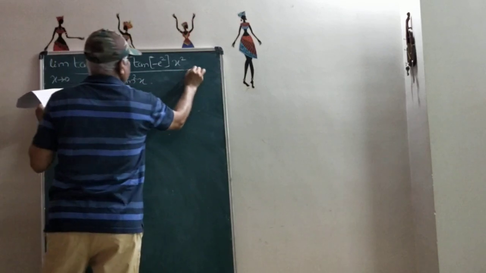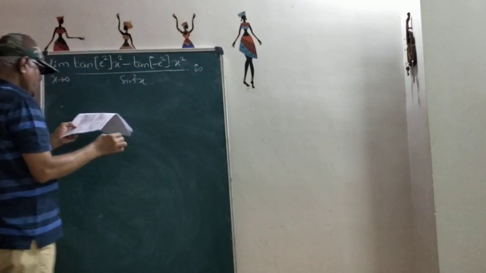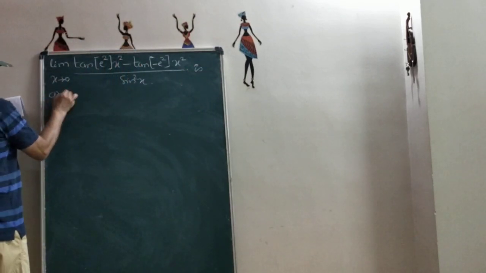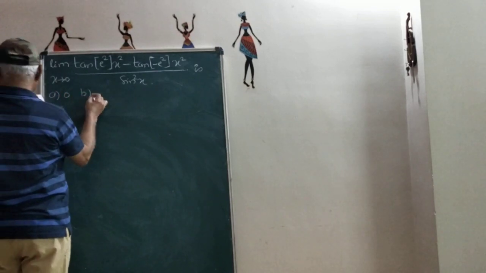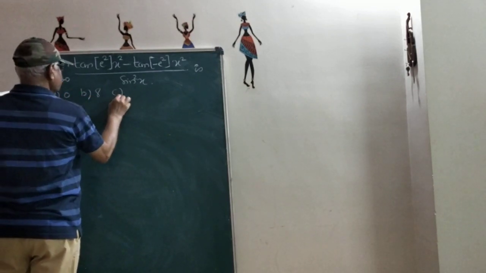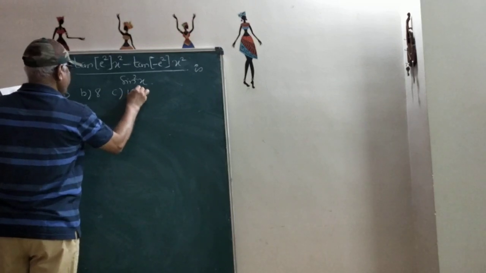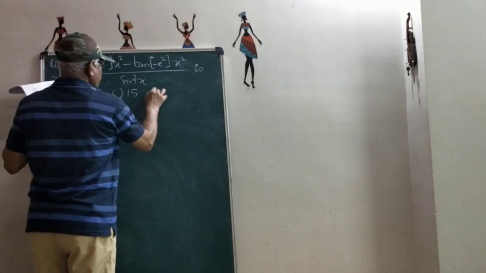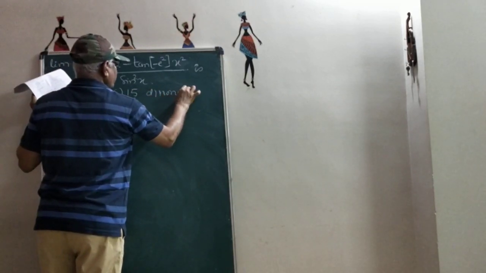Okay, so this limit is equal to: the first option is 0, second option is 8, third option is 15, and the last one is none of these.